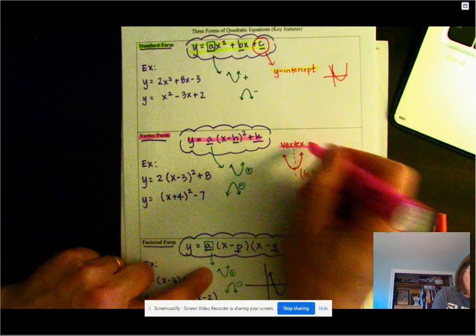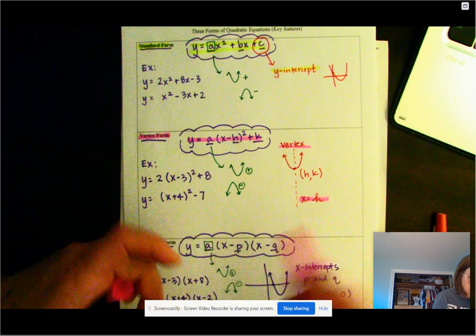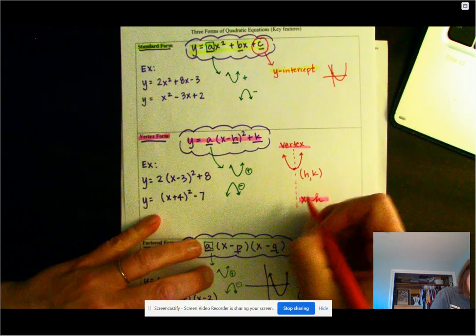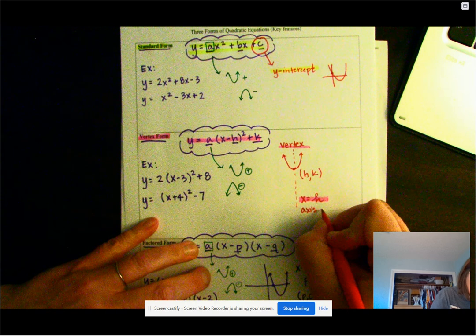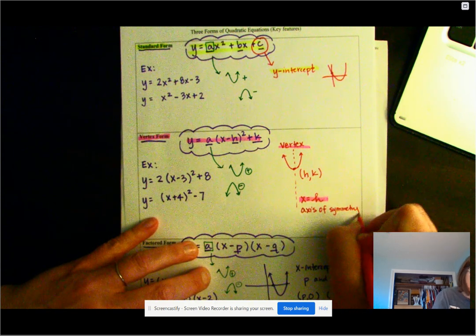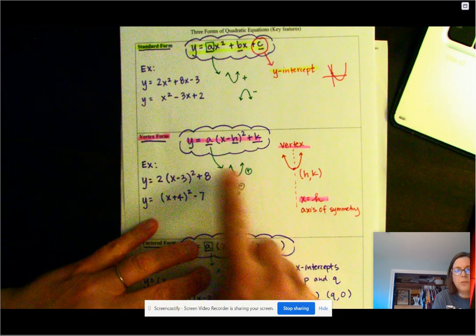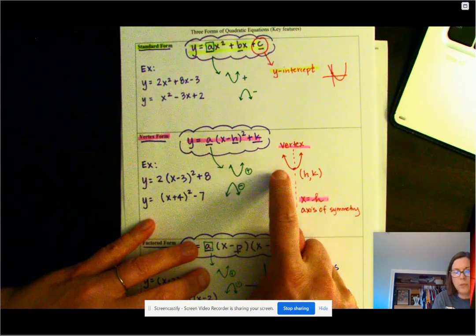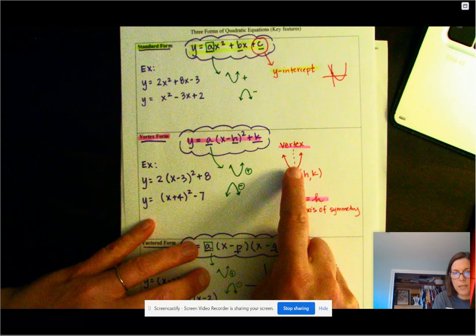The vertex. Also the axis of symmetry, which is related to the vertex, the line that saws it in half. So in vertex form, the key feature that you can see really easily is the vertex.